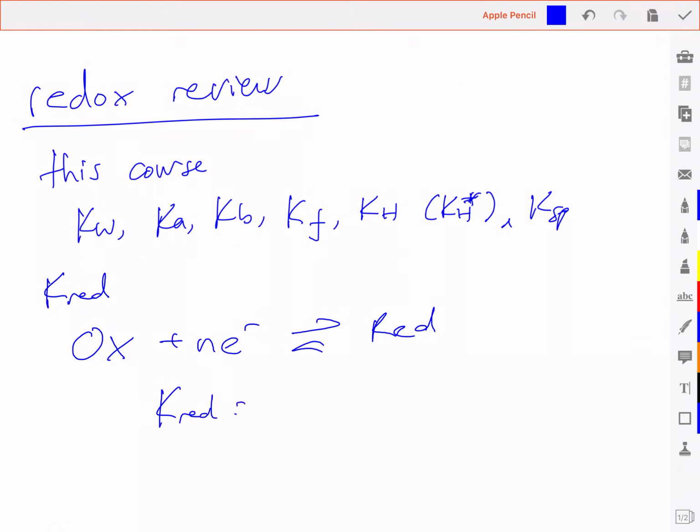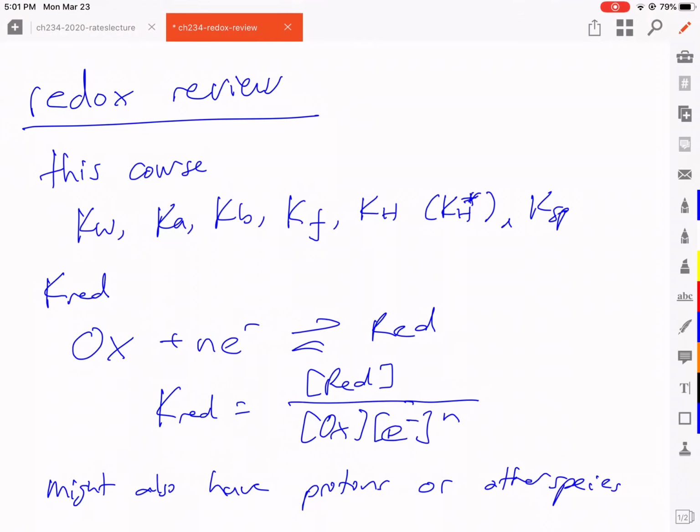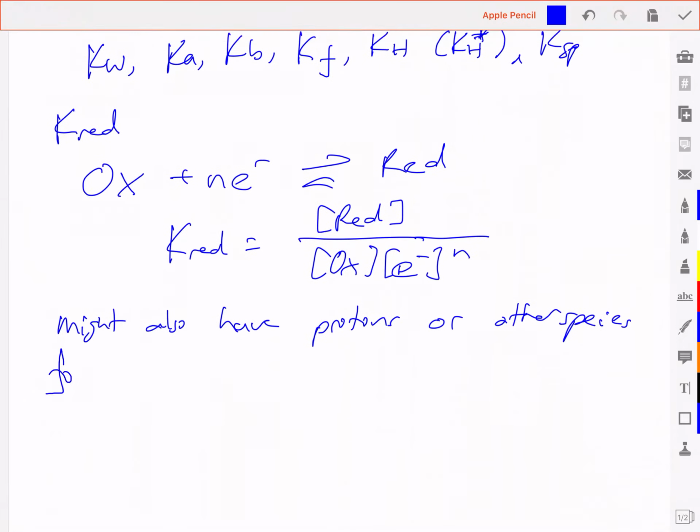And KRed would then be products over reactants, just like always. And we might also have protons or other species for a balanced reaction. It has to be a balanced reaction.